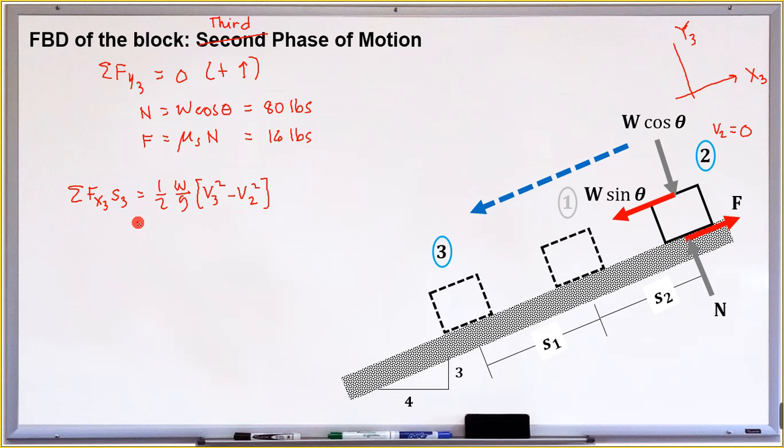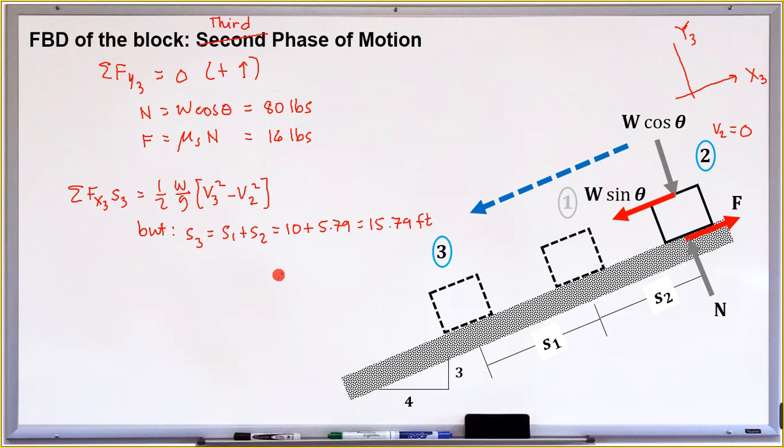Now, our S3 is the distance from point 2 to 3, and that is the sum of S1 plus S2. Our S1 is 10 feet. Our S2, ato nakuha sa previous slide, that is 5.79. So therefore, we have 15.79 feet. Mao na ang distance from point 2 to 3.